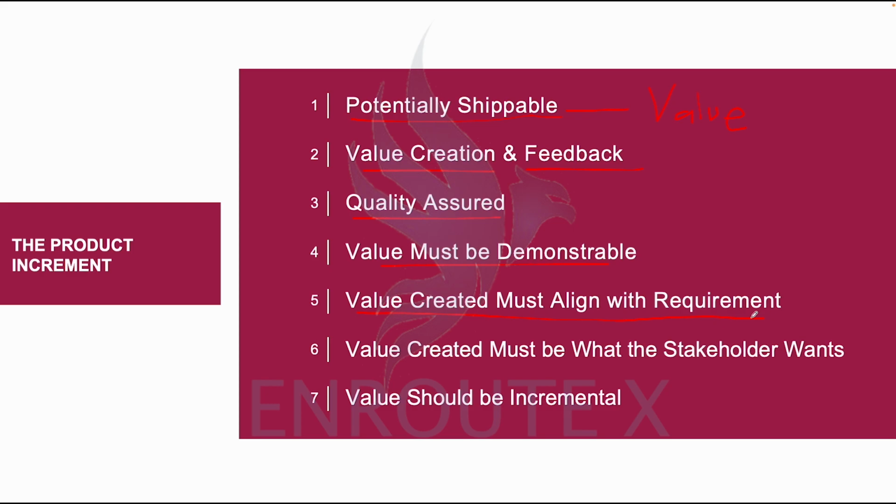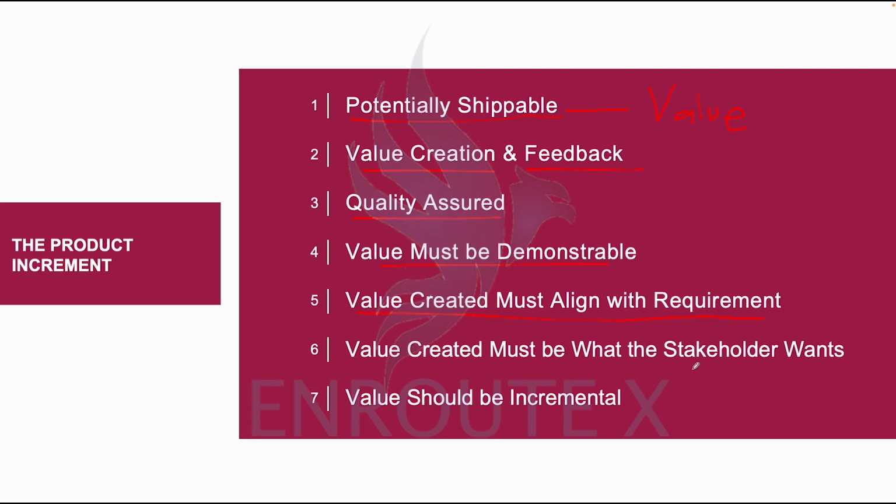Now at the end of the sprint, they come back and you show them what you've delivered as clearing a new portion of land. No, it is the requirement as given that value must align with.